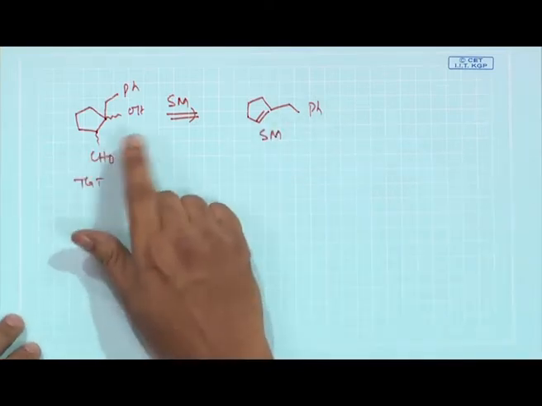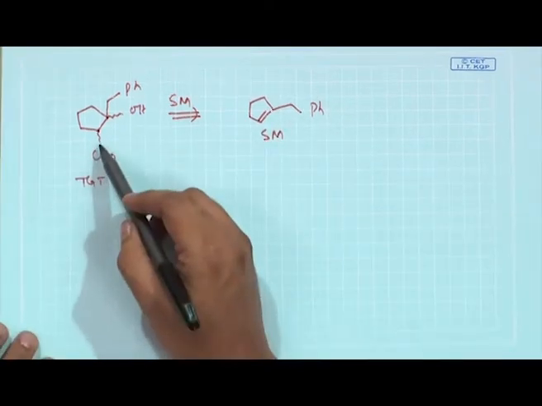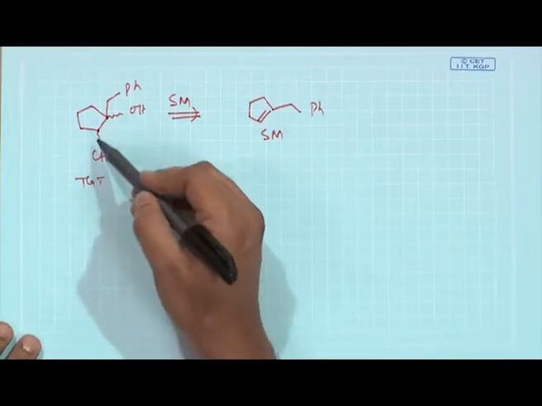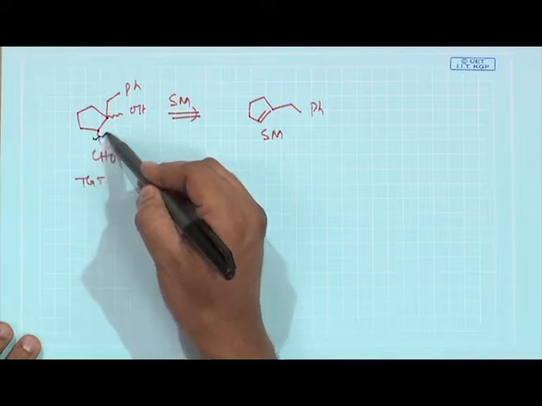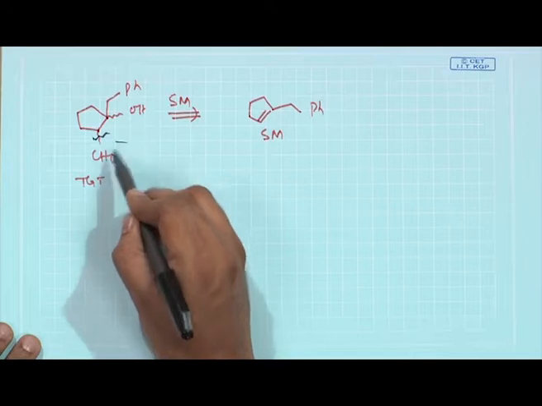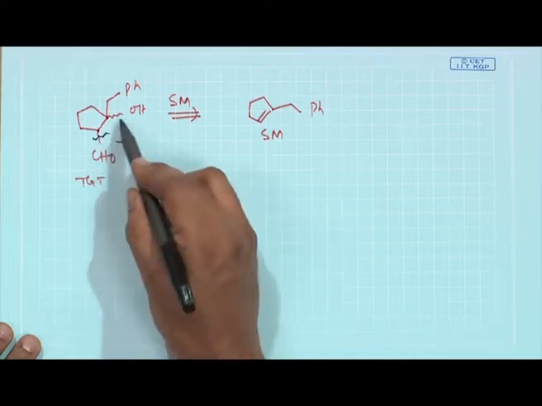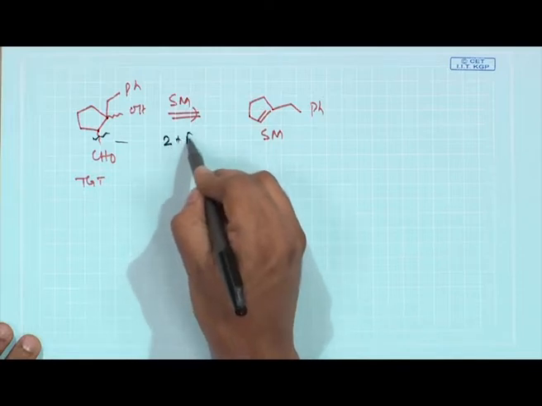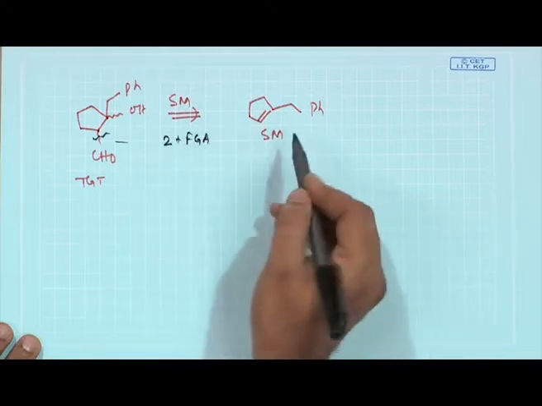If you closely analyze the functional group content, the only functional groups added here are this CHO and an OH. So, it is a double bond, and you are adding a CHO and an OH. Two functional groups were added to the starting material to give you the target molecule.